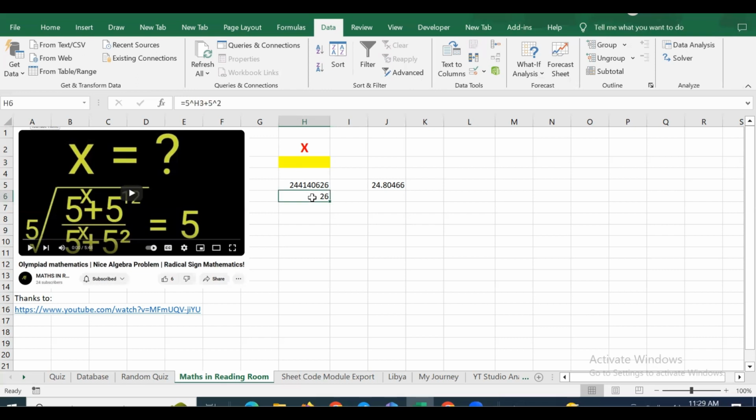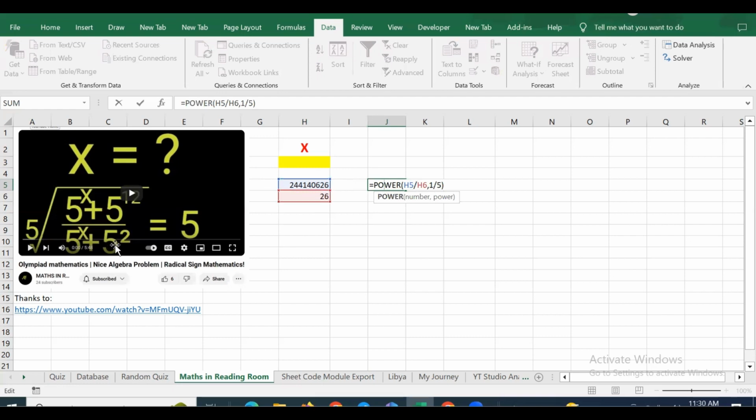And how about this? What is 5 raised to the power x plus 5 raised to the power 2? That makes 26. 5 raised to the power x is this, plus 5 raised to the power 2 is this. Since we have this and this, we can divide H5 by H6.